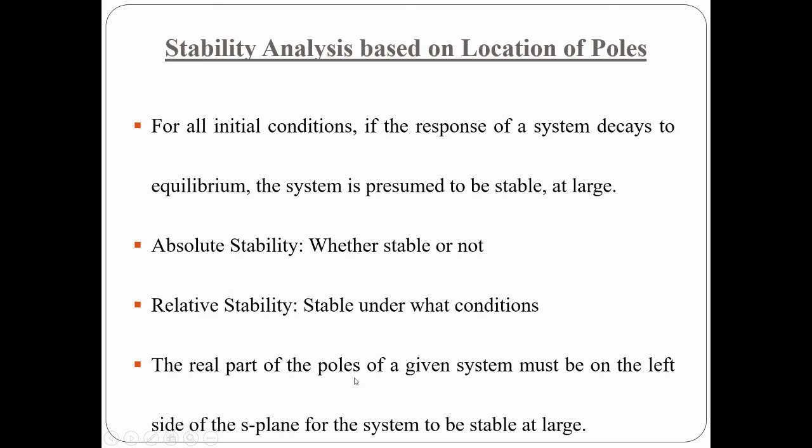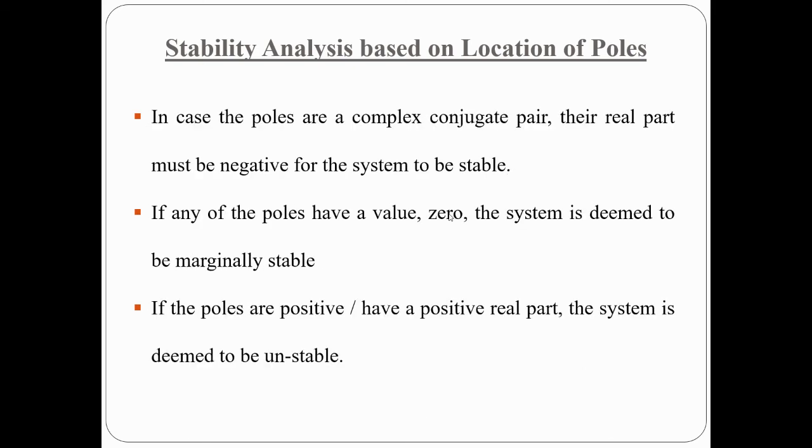If the real part of the poles of a given system is on the left side of the S plane, as we discussed in the last problem, the system is said to be stable at large. It decays to equilibrium, and we presume that the system is stable when the real part of the poles falls on the left hand side of the S plane. In case the poles are a complex conjugate pair, their real part must be negative for the system to be stable.